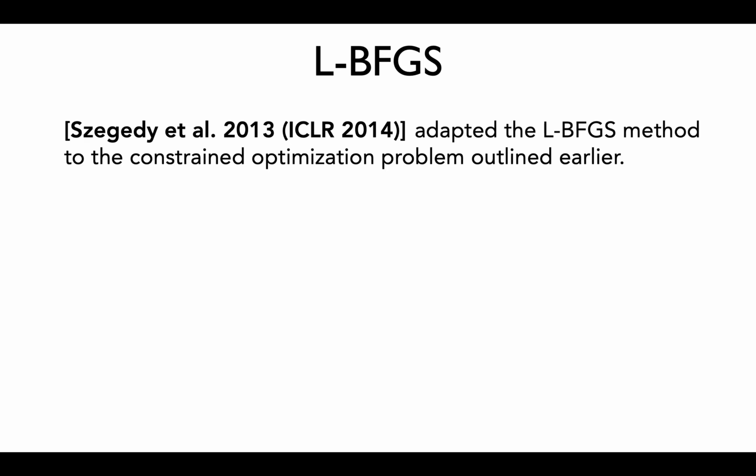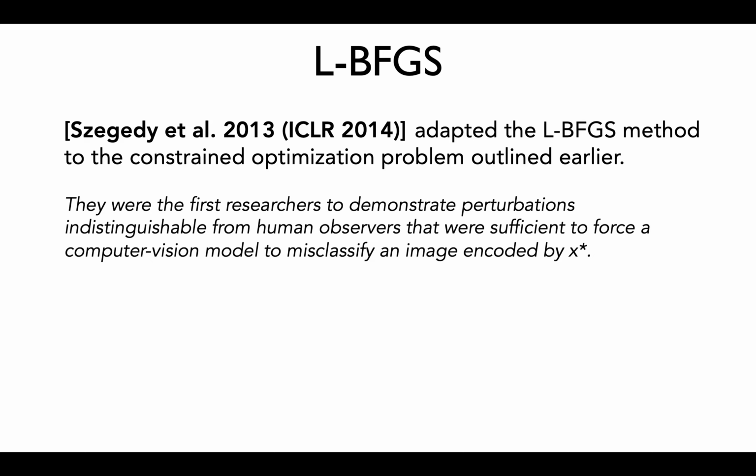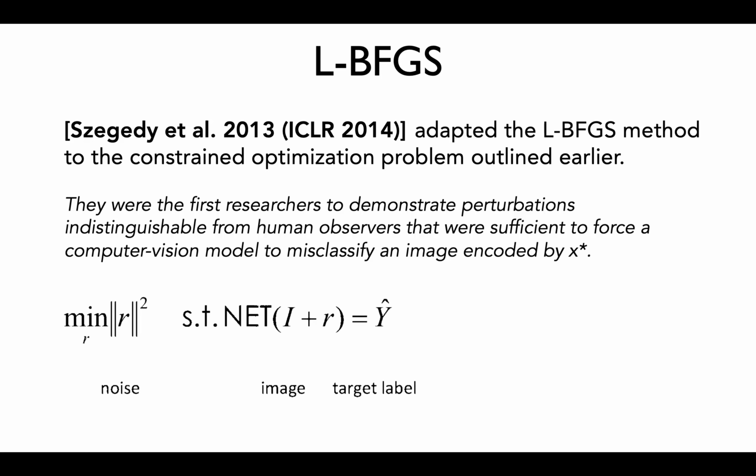The first attack that was launched was in the first paper by Szegedy, which in fact showed that these neural networks are prone to such attacks. They were the first researchers to show that perturbations indistinguishable to human observers were sufficient to force a deep neural network model to misclassify an image. The optimization they used was as shown.